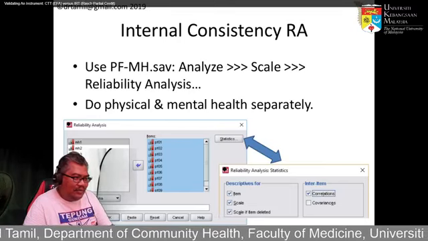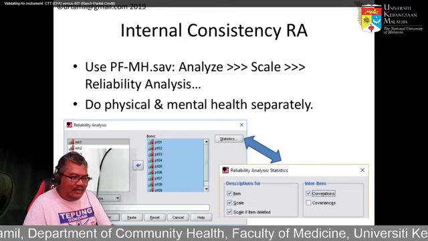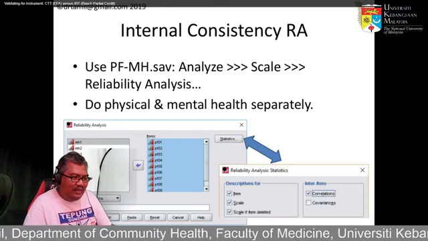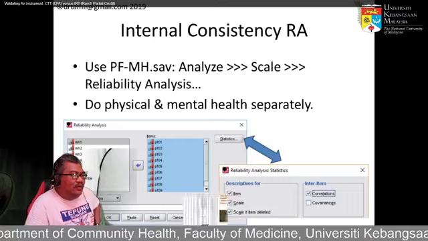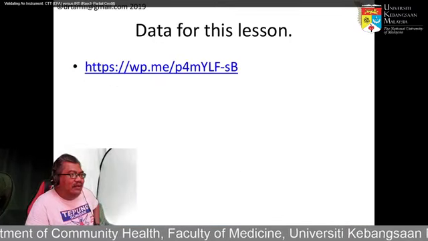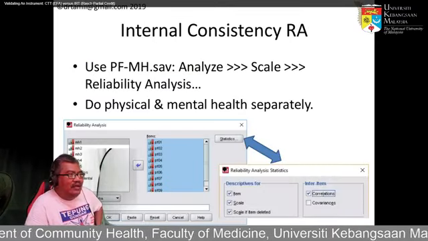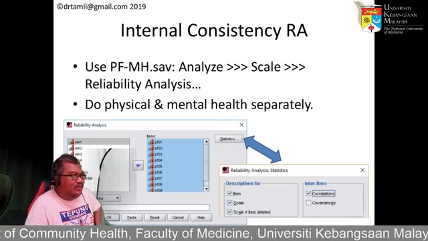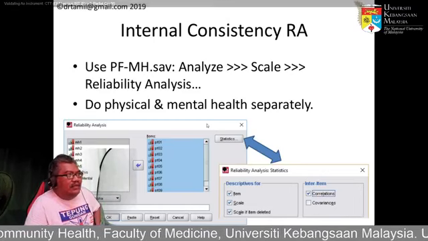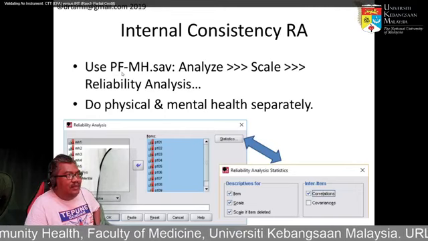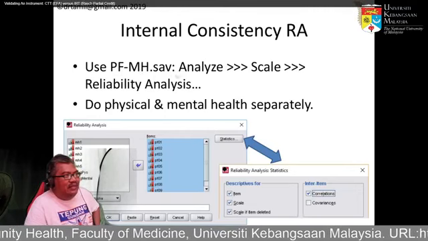So right now I'm looking at the SPSS screen. In this case, for the Cronbach alpha, it is very easy to do inside SPSS. You just download the file, the physical function mental health.sav.